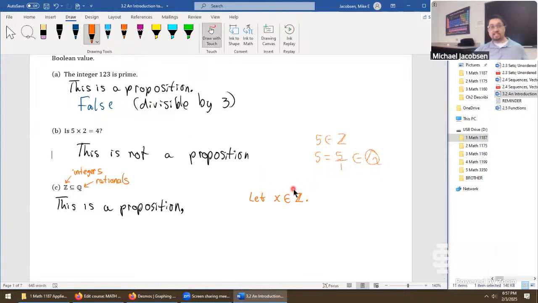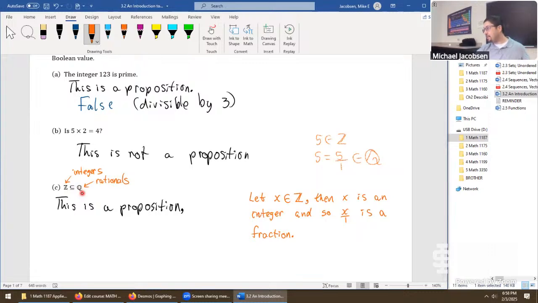So back over here, we could say let X be in Z. Then X is an integer. And so X over 1 is a fraction. Now this is telling us if you pick an integer, you can write it as a fraction, which tells you it's absolutely included in the set.